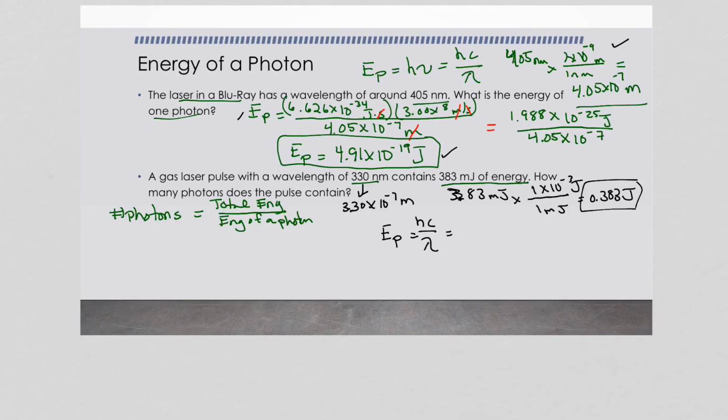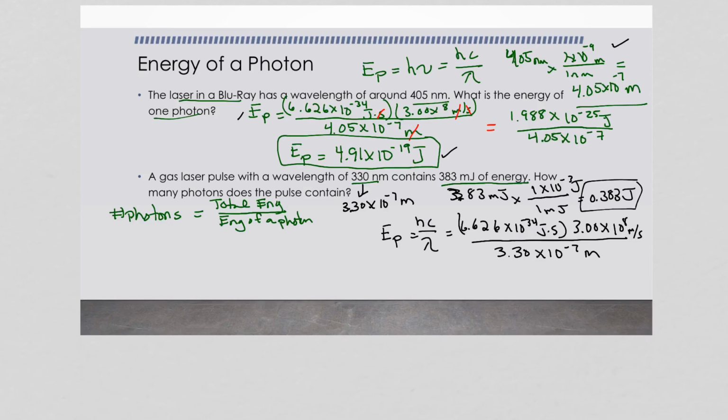If I write this out, I'm going to have hc, so 6.626 times 10 to the negative 34 joule seconds times 3 times 10 to the 8th meters per second, divided by 3.30 times 10 to the minus 7 meters.